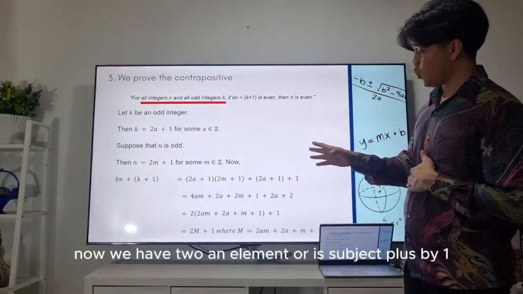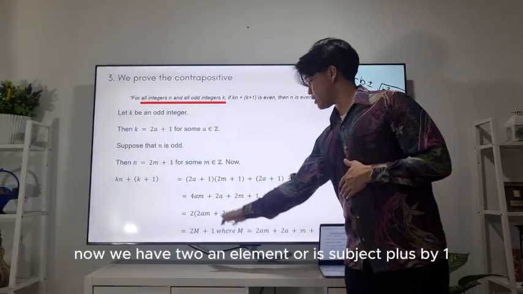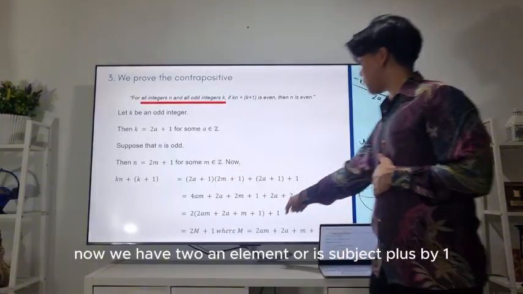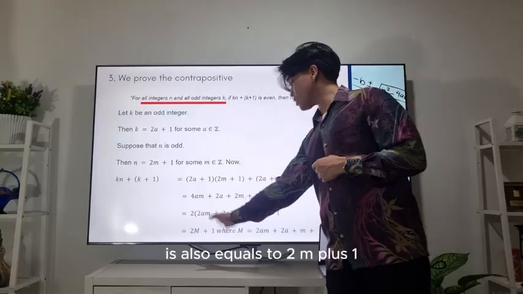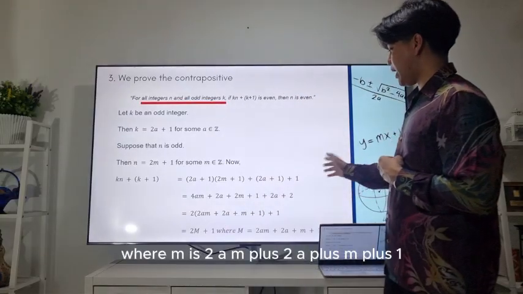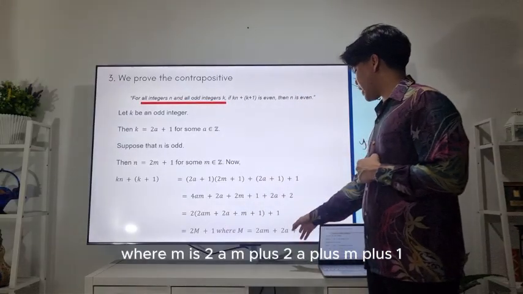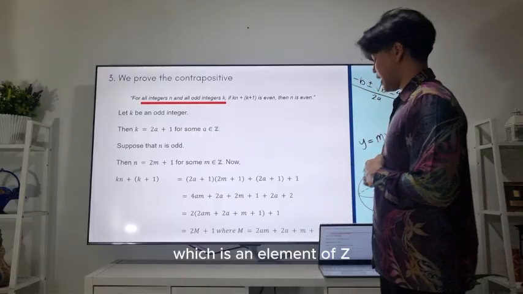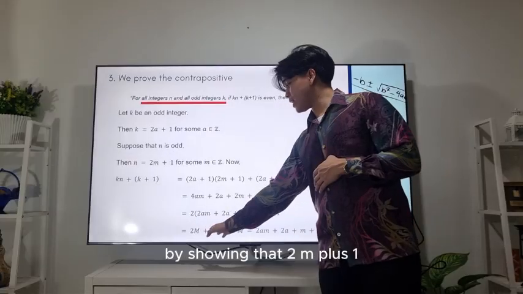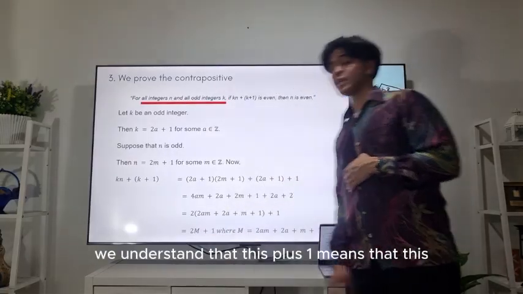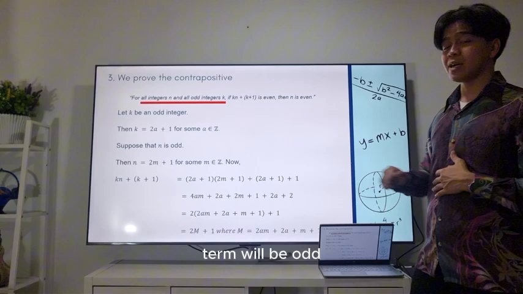Now we have 2 times a subject, plus 1, which equals 2 times (2am plus 2a plus m plus 1), plus 1, where 2am plus 2a plus m plus 1 is an element of Z. By showing this, the plus 1 means that this term will be odd.